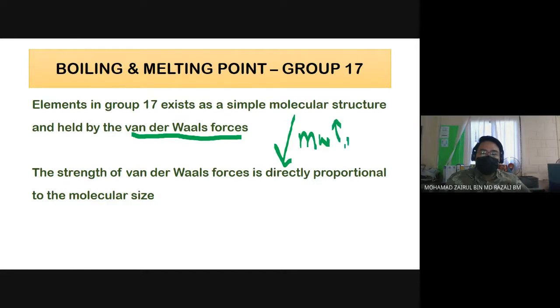So kalau mass increase, the strength of van der Waals forces also increase. Okay, so when the strength of van der Waals forces increase, awak memerlukan lagi banyak energi untuk overcome the van der Waals forces. So that's why lah boiling point and melting point down the group 17 dia increase. Sebab dia punya strength of van der Waals forces dia pun akan increase.